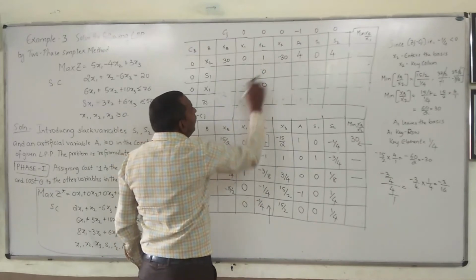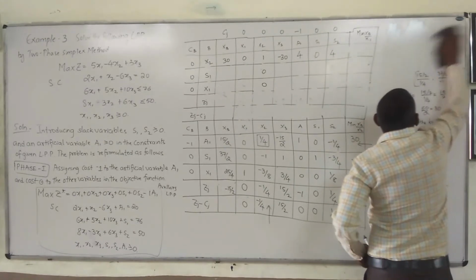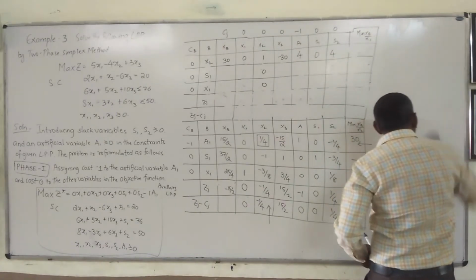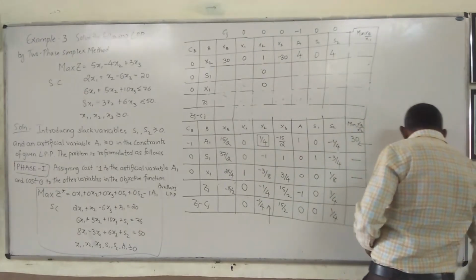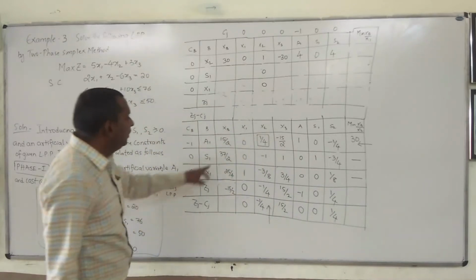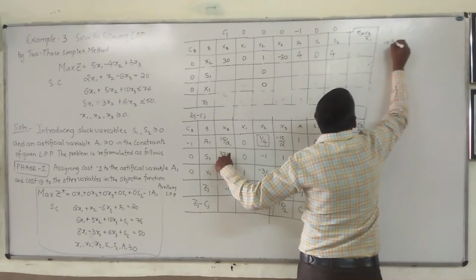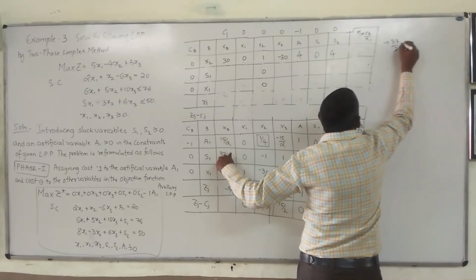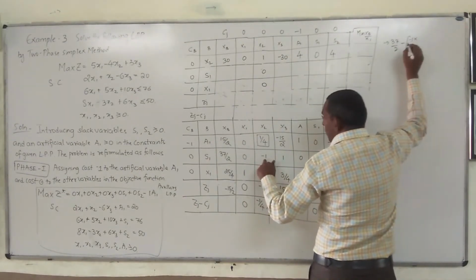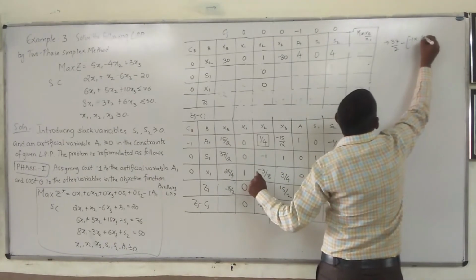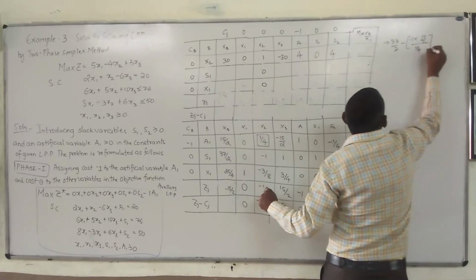Followed by, we need to find the values of these. We need to calculate the new values using the old element. So this is the old element, that is 37 by 2, equal to 37 by 2 minus 1 into 15 by 2, that is 15 by 2 divided by 1 by 4.